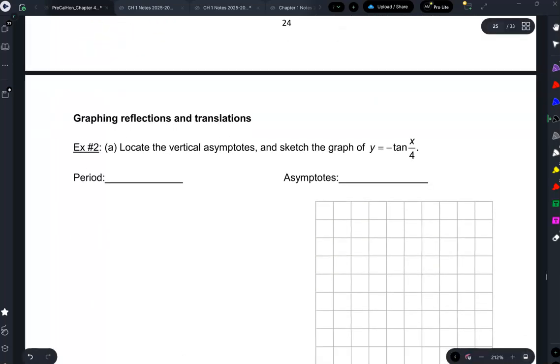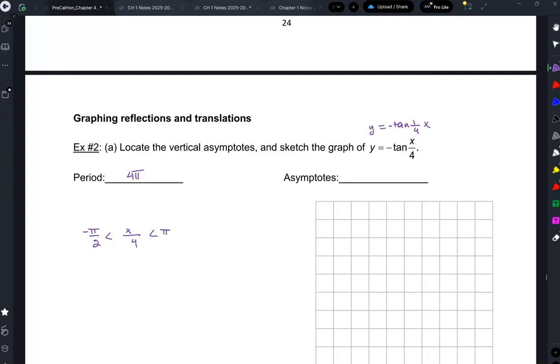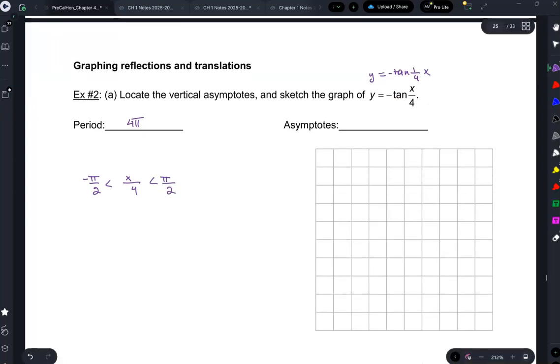Okay. Reflections and translations. Okay, what's the period for this one? 4 pi. So this is negative tangent. This is the same as 1 over 4x. So 4 pi. Okay. So negative pi over 2. And then here we put x over 4. Pi over 2. What do I multiply by?